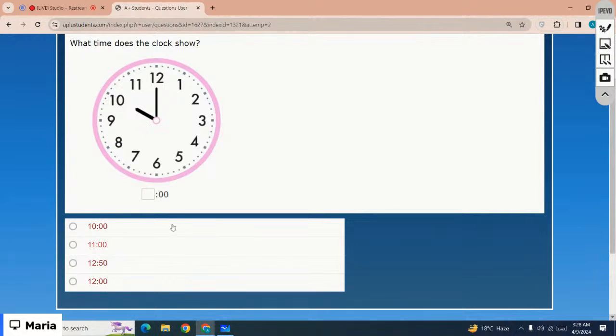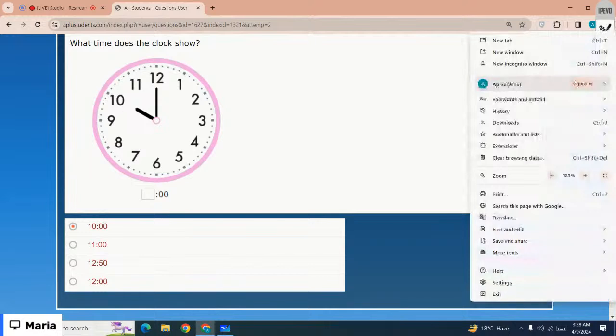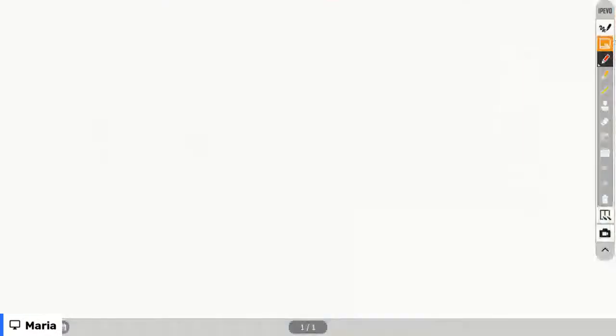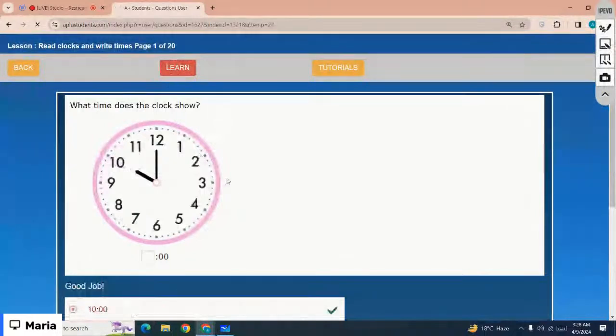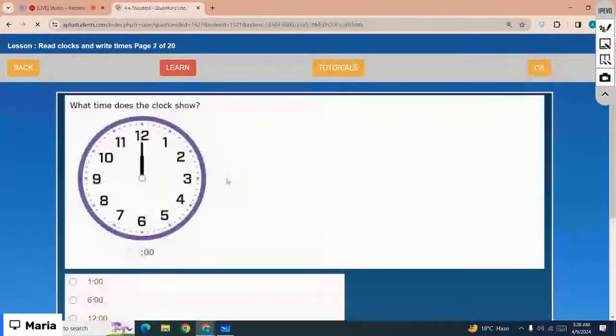Option number 1 is the correct option. What time does the clock show?